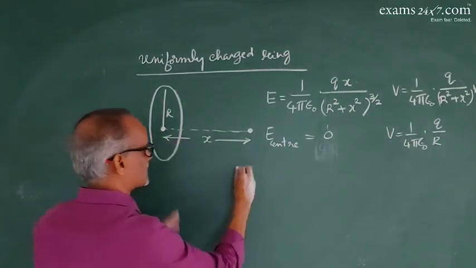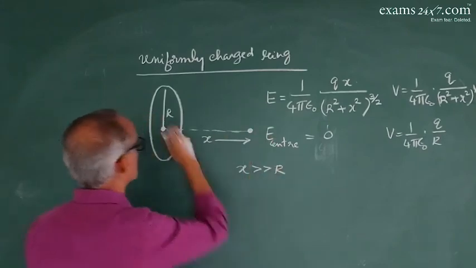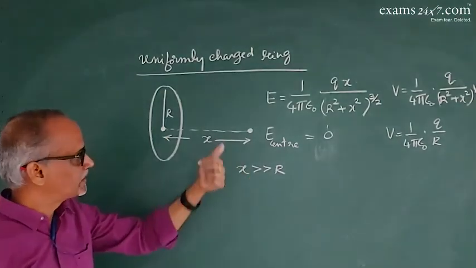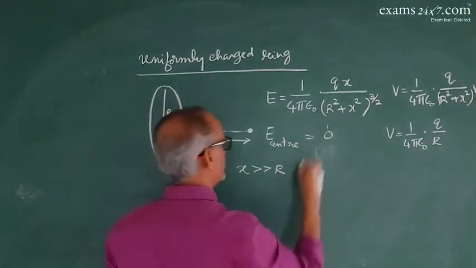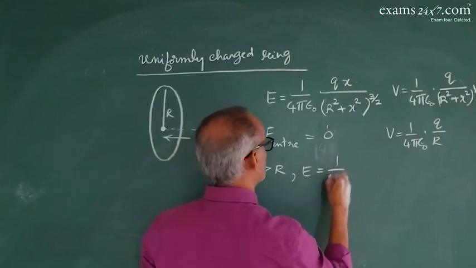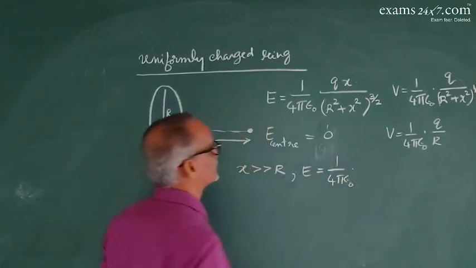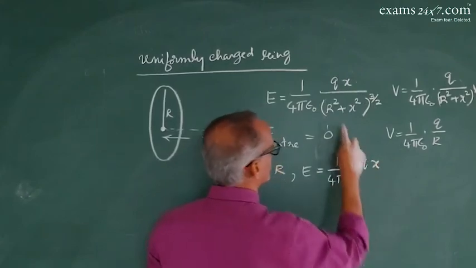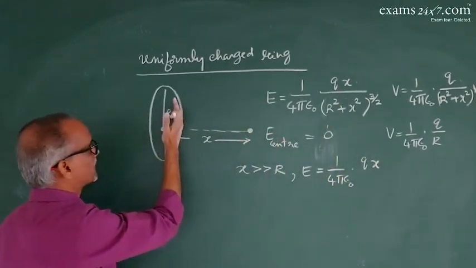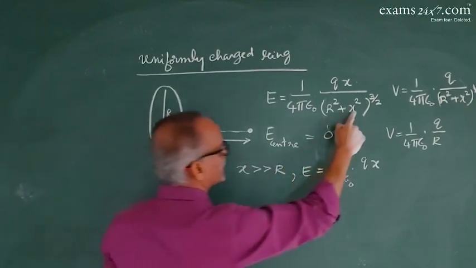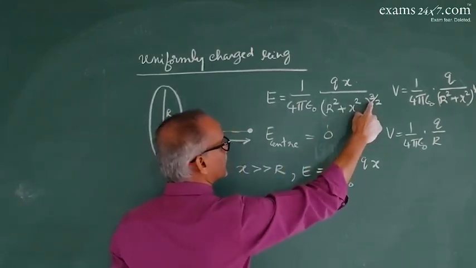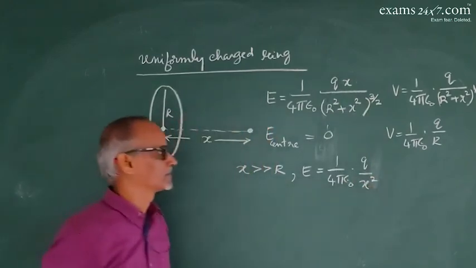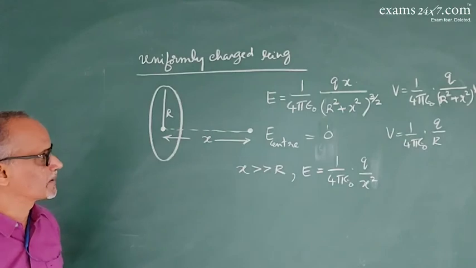If we take x very large compared to the radius R, then we have to neglect the value of R, and we get E equal to 1 by 4 pi epsilon naught Q x, neglecting R here, and in the denominator we get x cube. So we get 1 by 4 pi epsilon naught Q by x squared.